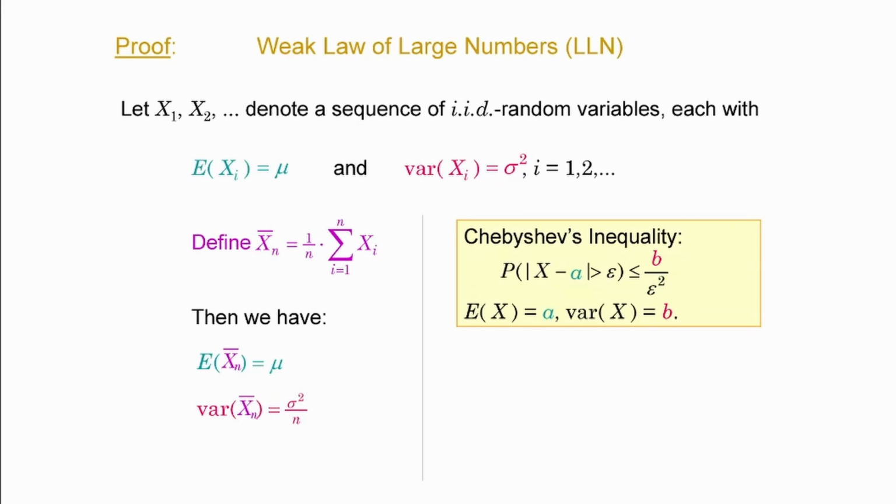So that's the claim. This gives you an upper bound of the probability that a random variable is further away from its mean than, let's say, epsilon, which is a predefined distance.